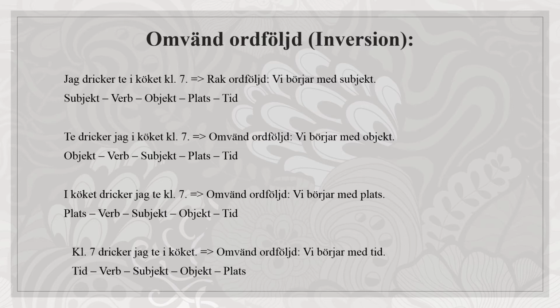Or we can say, I drink tea in the kitchen at 7 o'clock. That is rak ordföljden, straight sentence. So straight sentence, we start with the subject, verb, object, plats och tid, place and time.